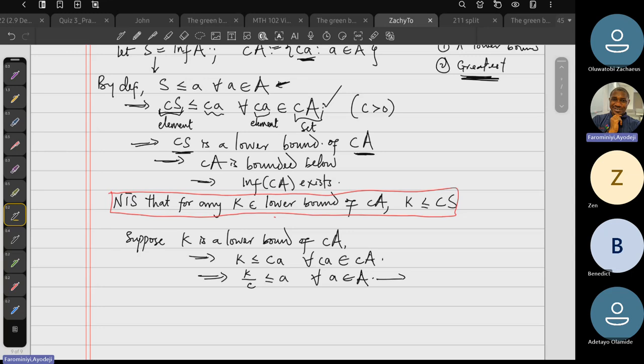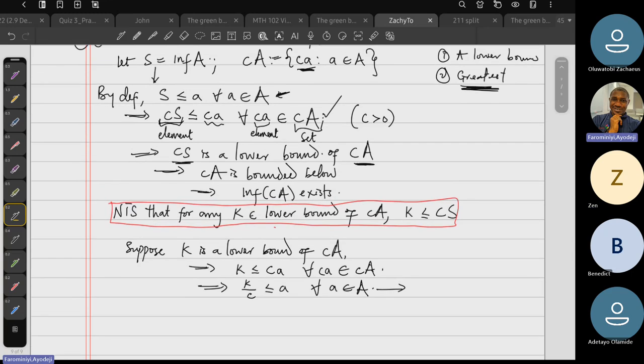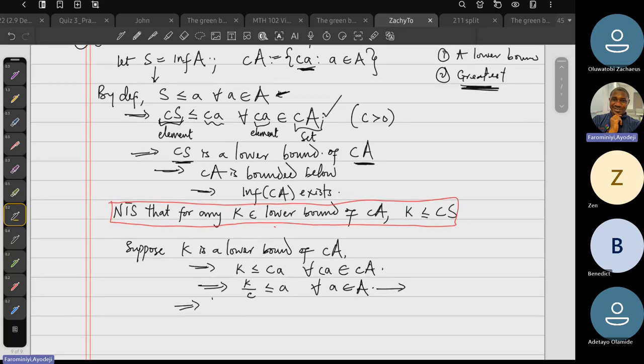We have written it like 4 times in this book already. K over C is a lower bound of A. Exactly. So this implies that K over C is a lower bound of A, right? Yes, sir.